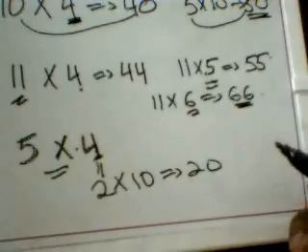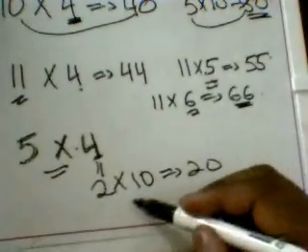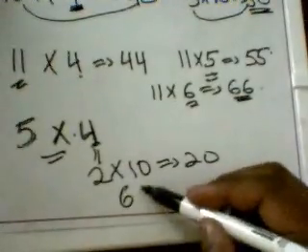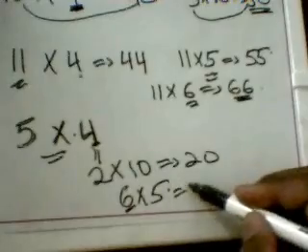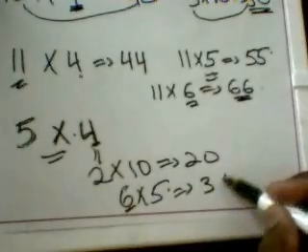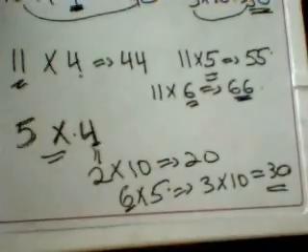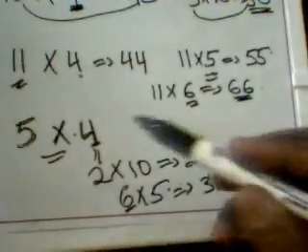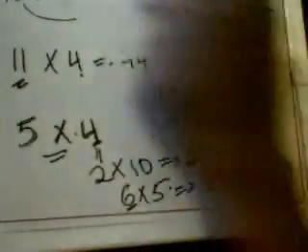You see? And if it's 6 times 5, you take the half of 6, which is 3, you multiply it by 10, equal 30. That's the answer.